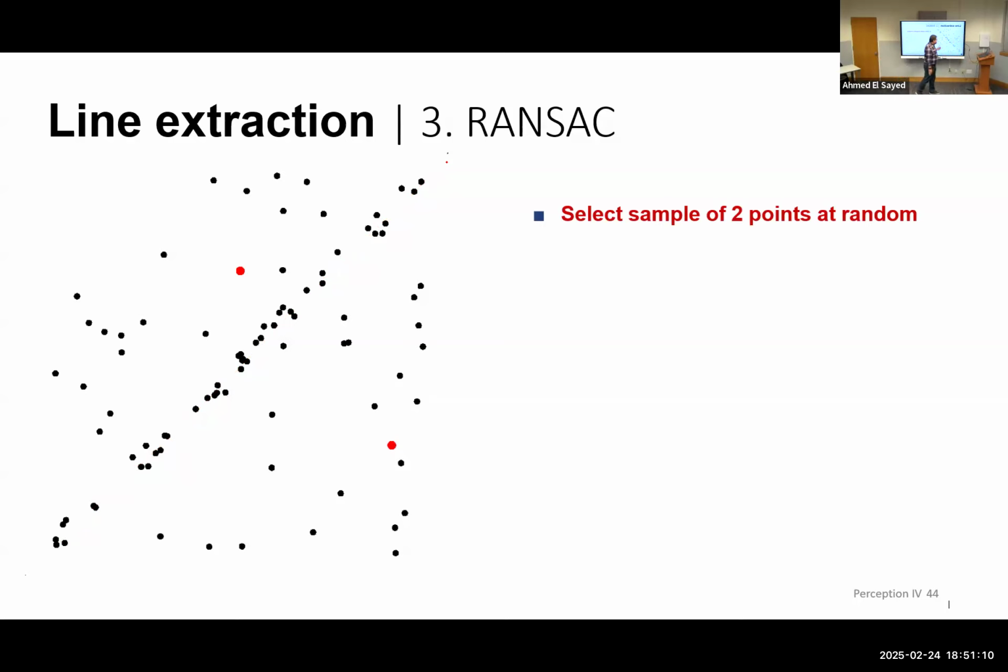So sample 2 points. This will have x1, y1, and this is x2, y2. Can you find the line that connects those 2 points together? Yes, straightforward. Substitute in the equation, then find that line.